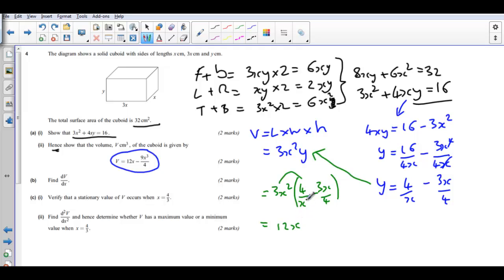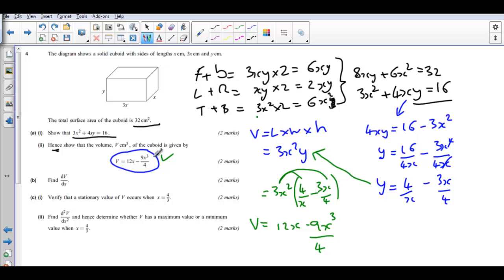Well, that's just going to cancel and give me 12x on the top. Multiplying this out, we're going to get 3 times 3, which is 9, x squared times x, which is x cubed, over 4. Okay, so there is our volume. We think we're looking good.